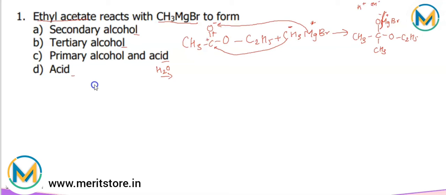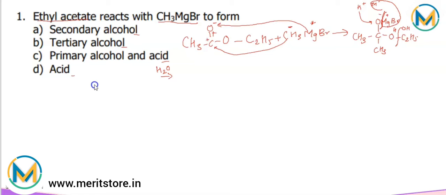So this minus and MgBr will make a byproduct and this H will attach to this oxygen, making an OH group. During this hydrolysis, we also have this ether linkage, so that will also undergo hydrolysis, and H gets attached to the oxygen and OH gets attached to the C2H5.